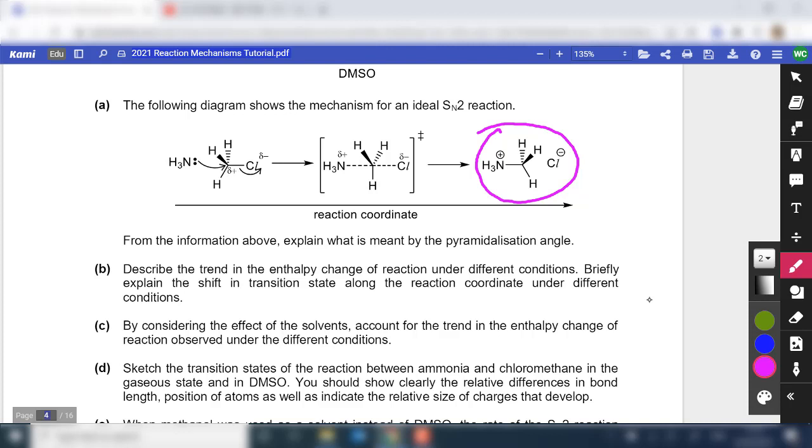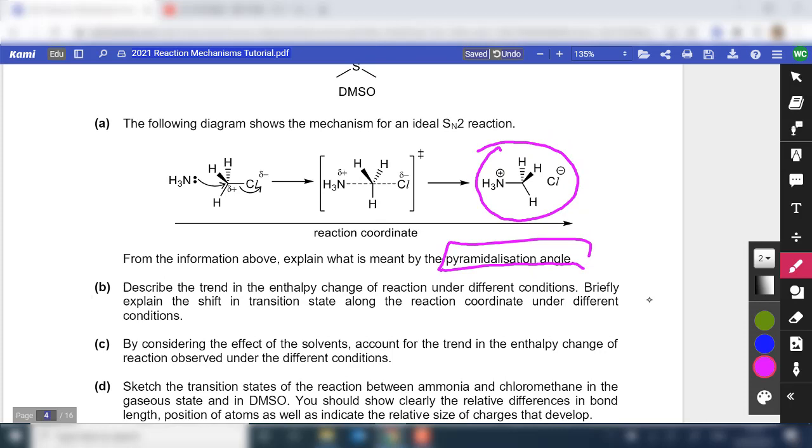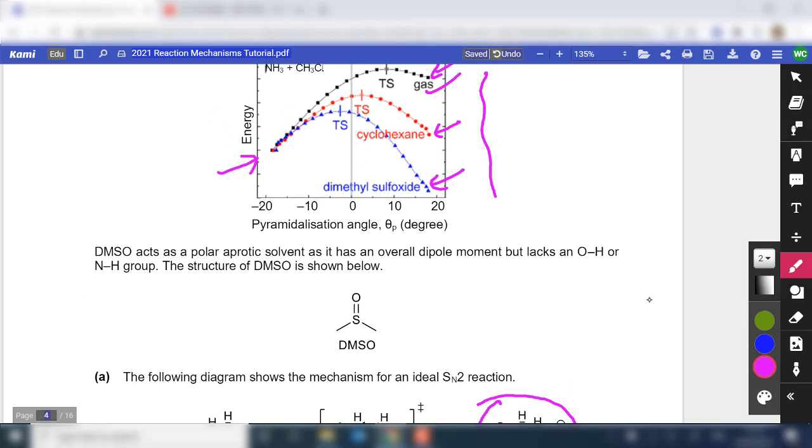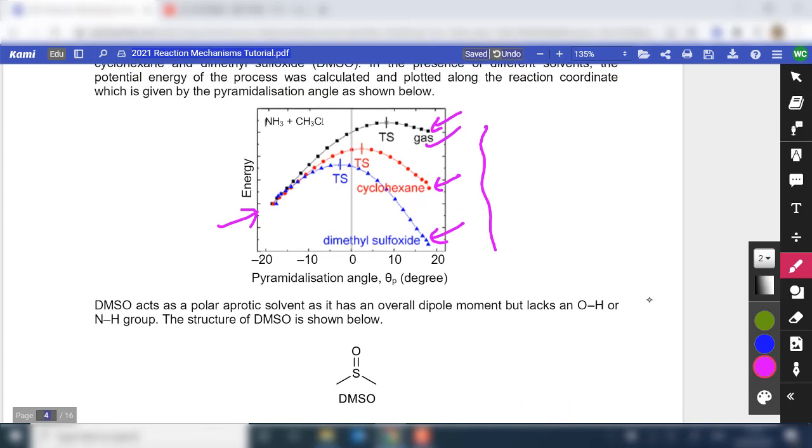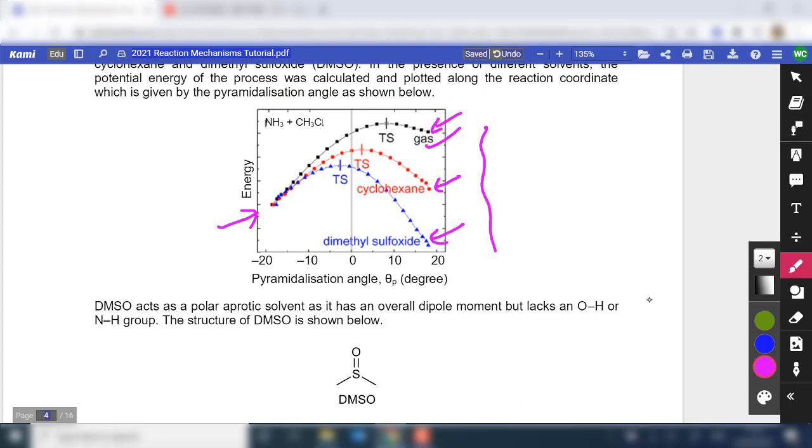So for part A, they ask you a relatively simple question. They said, explain what is meant by the pyramidalization angle. So this is quite a mouthful. If initially you're not sure what exactly this is, you might want to look at the starting point again on the graph.